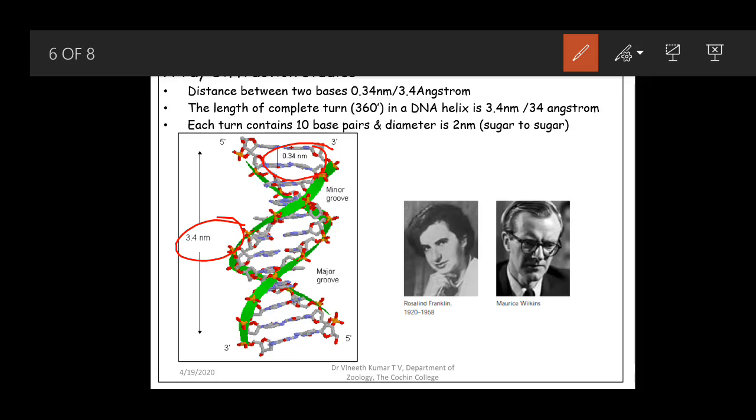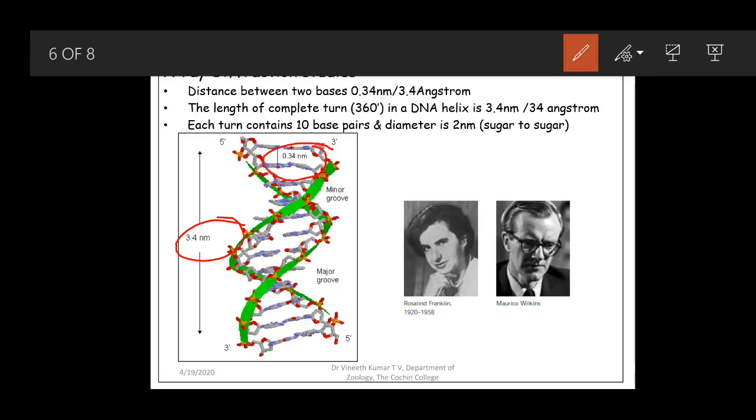So this 0.34 nanometer is the distance between two nitrogen bases. That means the nitrogen bases in a single strand, if you consider one strand of the DNA, the nitrogen bases which are above and below. There are many nitrogen bases in the nucleic acid strand, and each nitrogen base is spaced with a 0.34 nanometer difference.